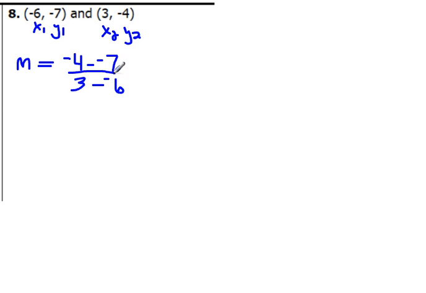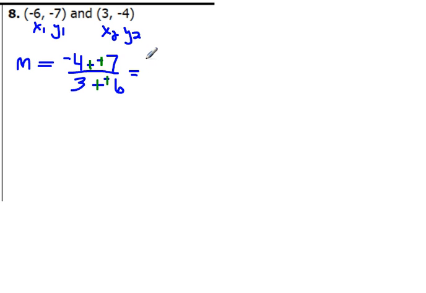Okay, so let's see, what's the slope given these 2 points? Real quick, we're going to notice that we've got a minus and a negative, so that's going to change to a plus. That'll make our calculations a little bit easier to look at.